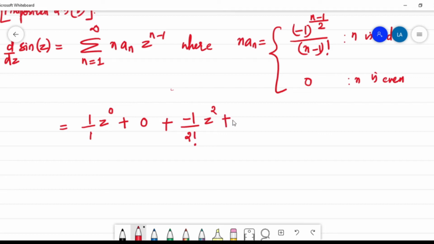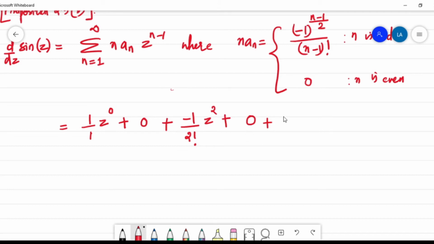Plus the next will be 4 into a4, 4 is even, so we will have 0. Plus 5 into a5, that will be minus 1 raised to 5 minus 1 divided by 2, that is 4 divided by 2 which is 2, minus 1 the whole squared will be 1.